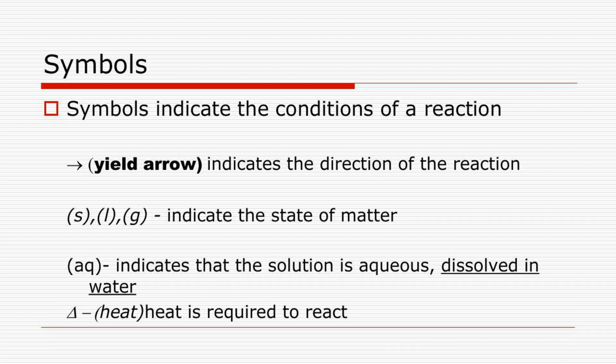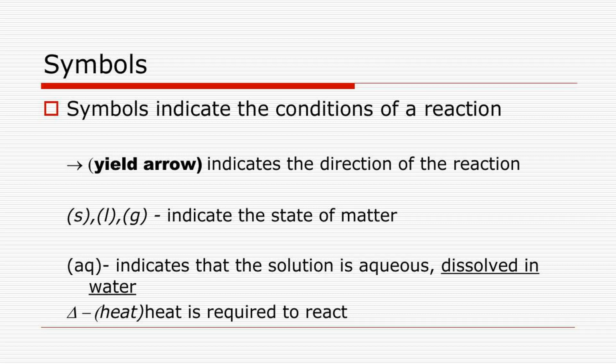And then another symbol that we'll see sometimes is a triangle, and the triangle will typically be above the yield arrow, letting us know that there's a change in heat or a change in energy that has occurred. All right, and so it might be that the heat is required for the reaction or the heat is given off in the reaction. And it's letting us know that it's endothermic or exothermic, depending on the placement of that arrow.